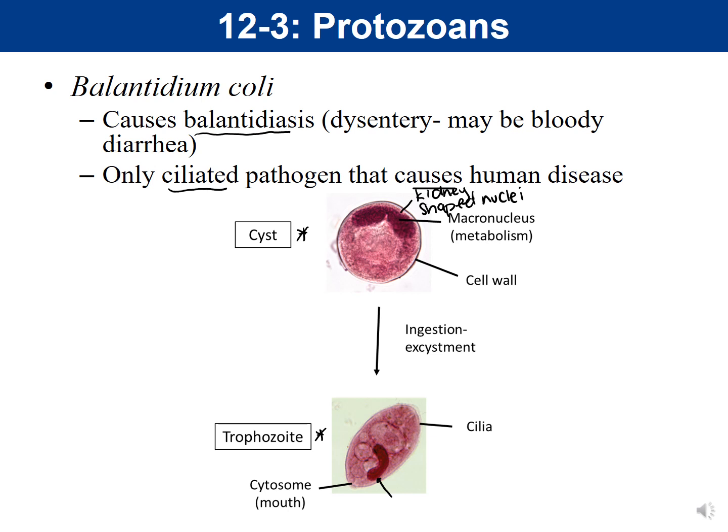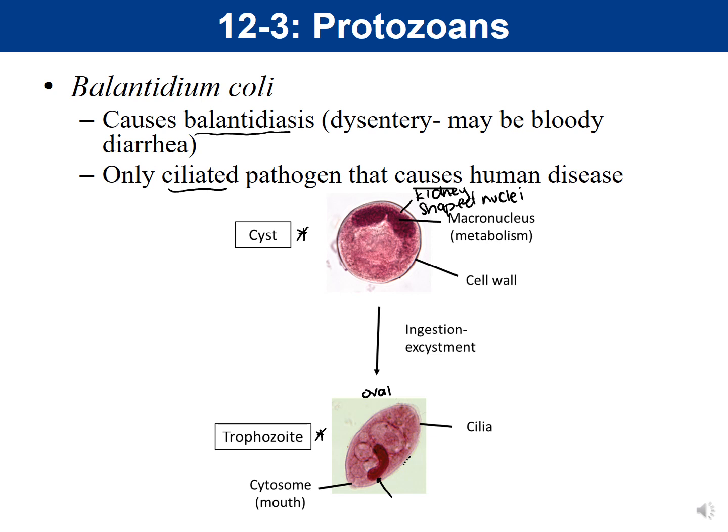But the troph, the cell is more oval in shape. It's not quite as round as the cyst. And the other thing that you'll notice when you look at the troph is that, if you look carefully, it has little tiny hair-like projections, which are the cilia. And so you need to identify both the cyst and the troph on the exam.